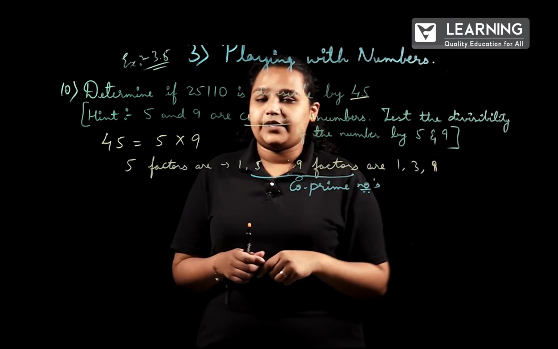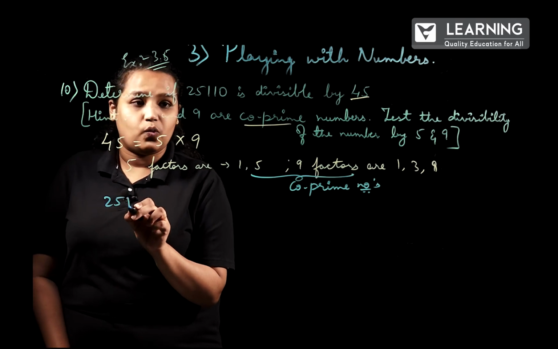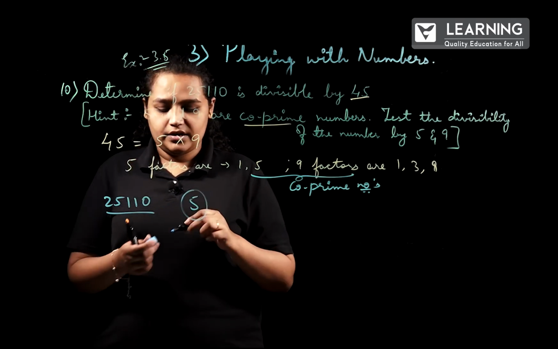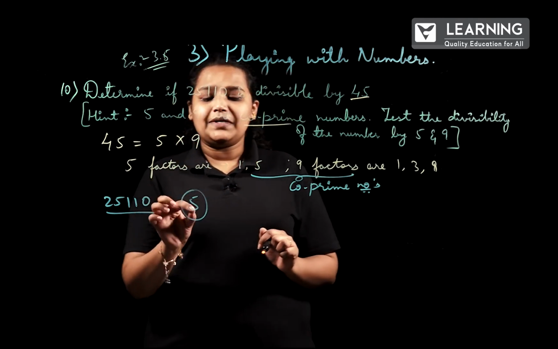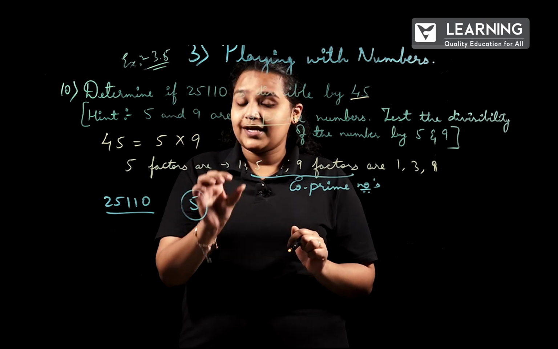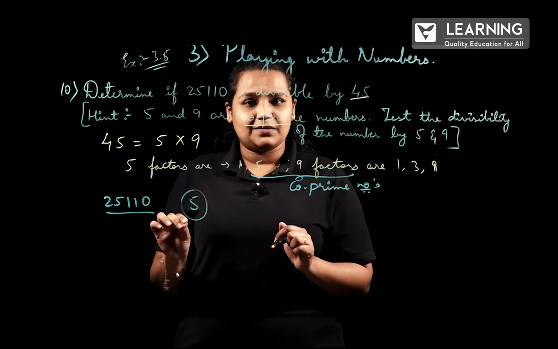Okay. So, the second sentence in the hint is: test the divisibility of the number by 5 and 9. So, first it is 25110. First we will start with the divisibility rule for 5. The divisibility rule for 5 says that if the last digit of a number is either 0 or 5, then it will be divisible by 5.